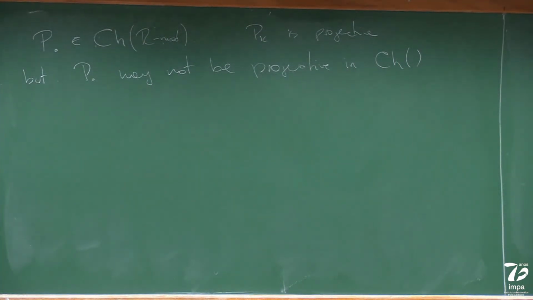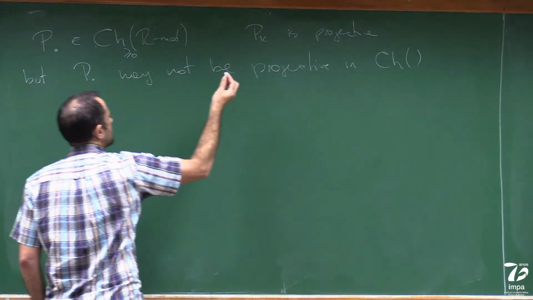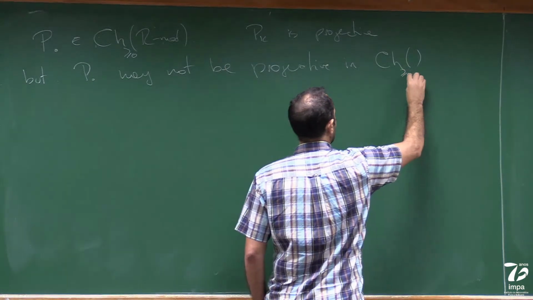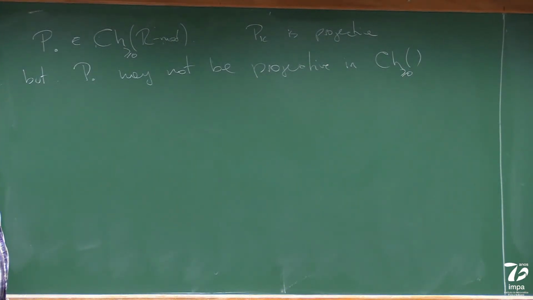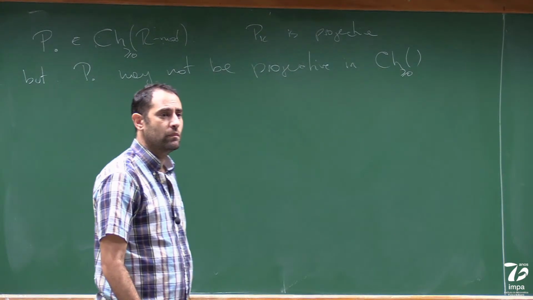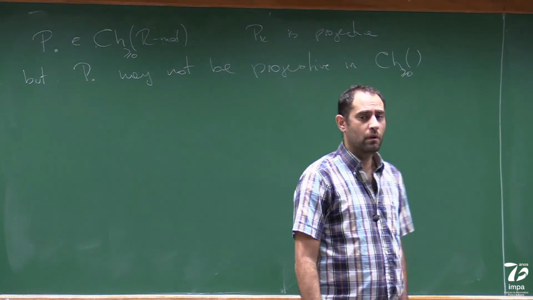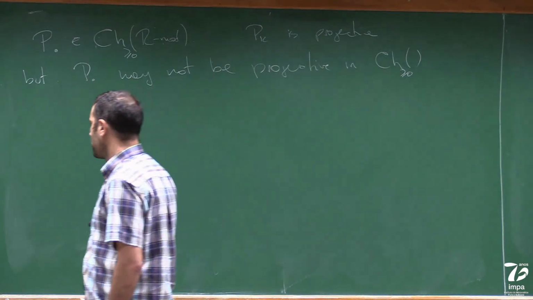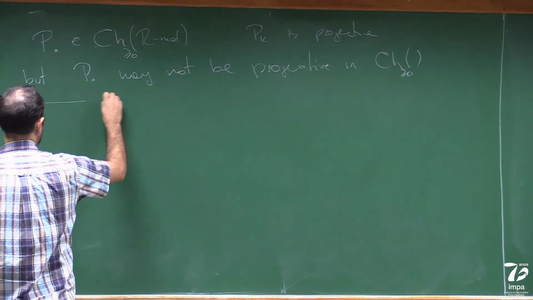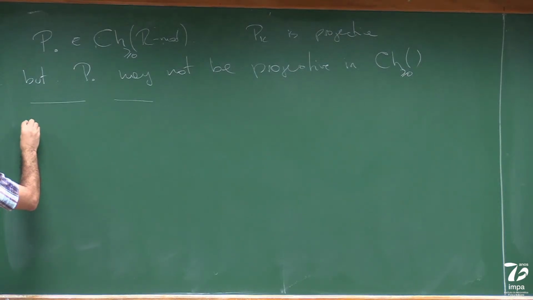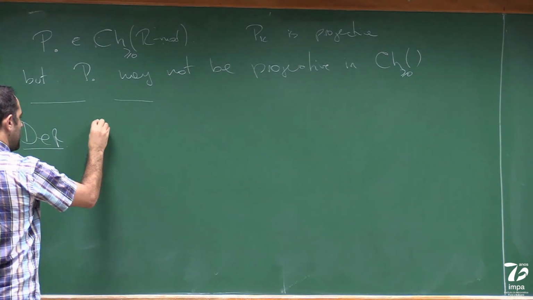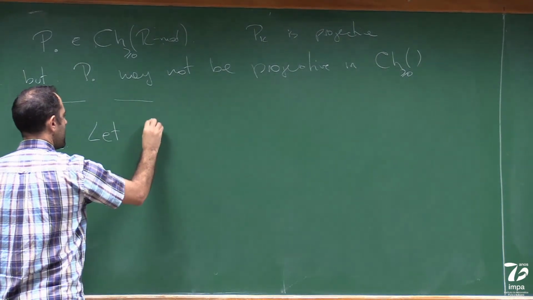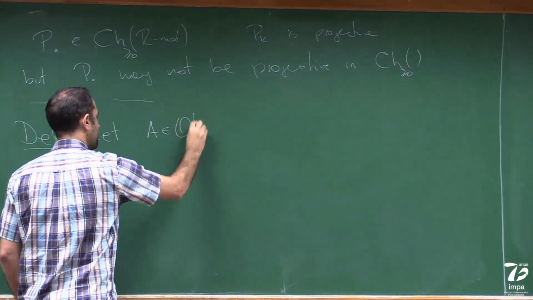Indeed, let's suppose that P dot is projective, and let's take this to be in chains bounded below. So the definition of resolution asks for the family of maps to be a complex or to be exact? So a resolution, so caveat, definition: let A be an object in a category.